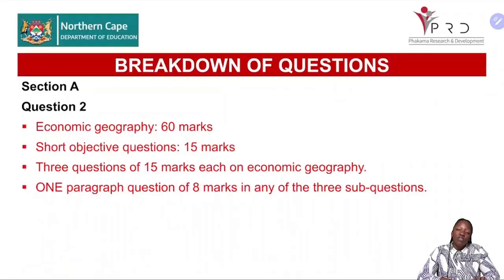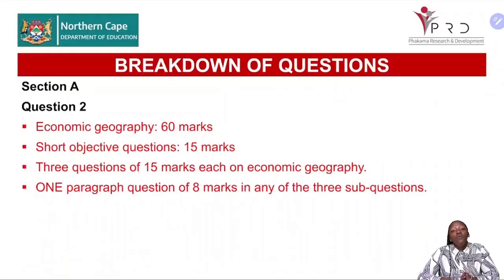You will start with the short objective questions, which is your 2.1 and your 2.2. Again, if the one has 8 questions, the other will have 7. Also, start by writing the numbering down so that you know that you have your answers in order and you have not skipped any question.